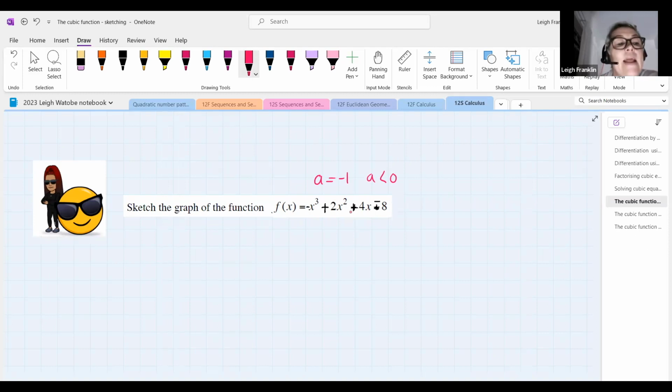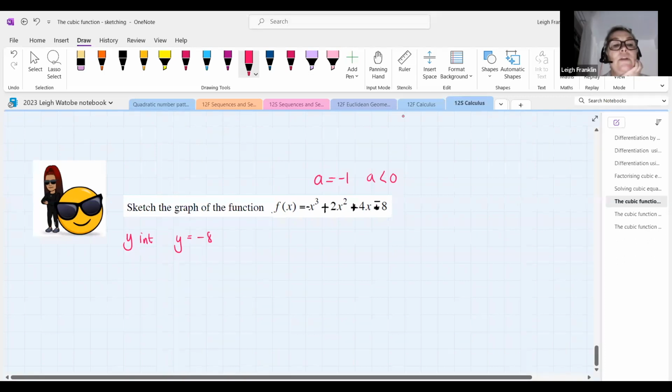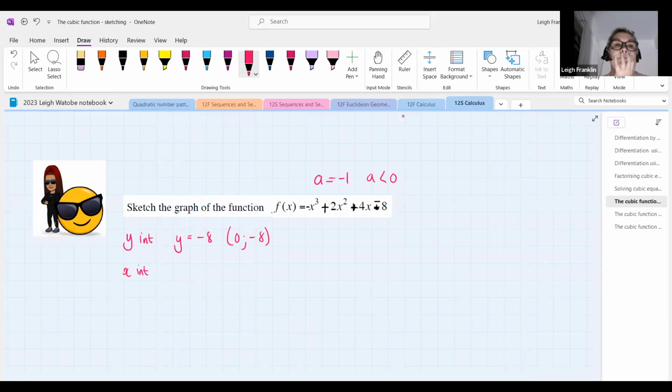Let's do the y-intercept first. What would the y-intercept be for this particular function? The coordinates at the y-intercept would be 0 and -8.